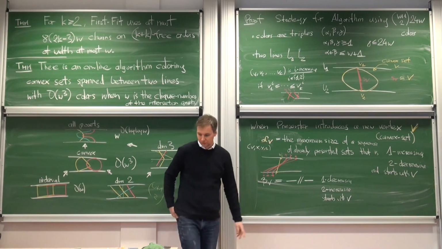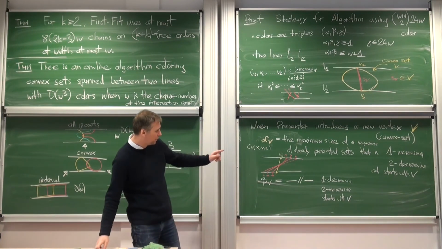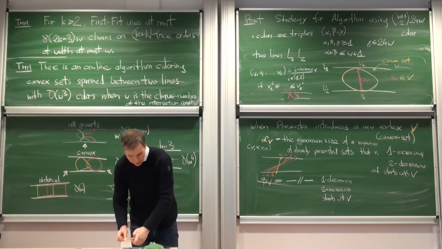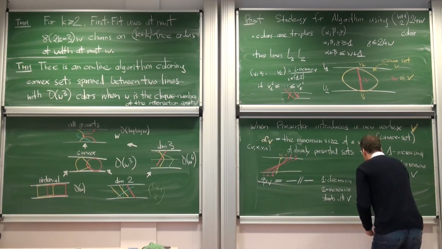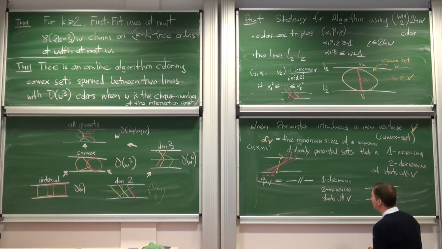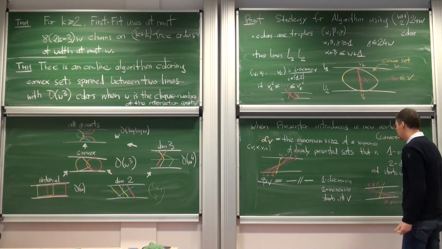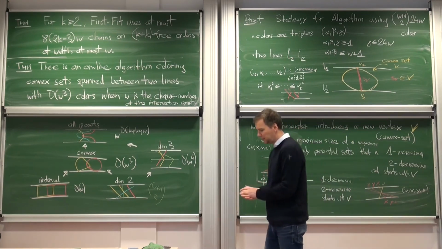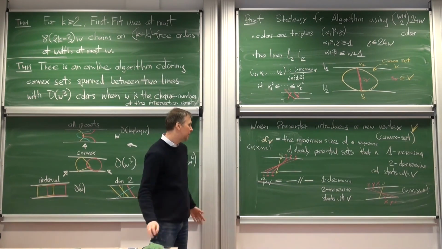Now beta V is the same, but we look at 1-decreasing, 2-increasing, starting with V. To show you the picture here, we start with V. If it were again some candidate sequence V, X, Y, Z, then it should be 1-decreasing, so this should go like this, X, Y, Z, and 2-increasing, so X, Y, Z. That's beta V. Now, please remember that the actual sets are larger.